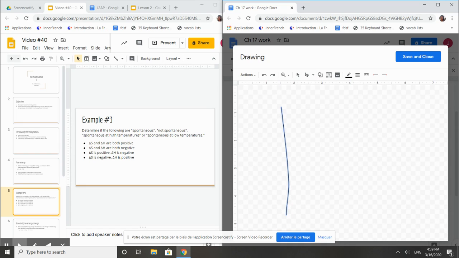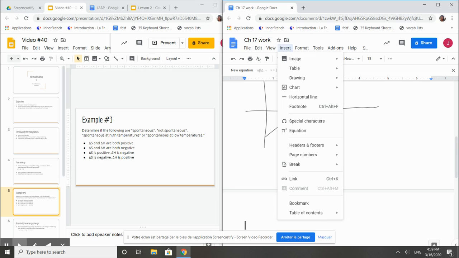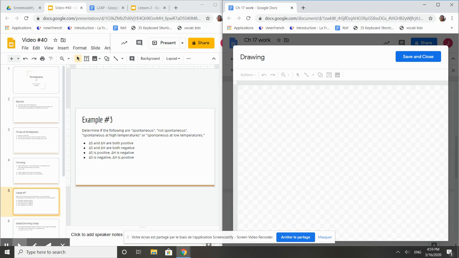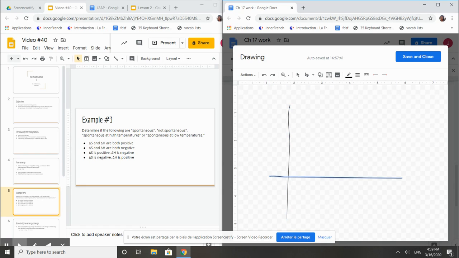Right, so I'm making my plot again. Delta H is negative, and then delta S is negative. But keep in mind there's the negative before the negative T delta S. So this is spontaneous at low temperatures. Right, so my delta H is negative and my delta S is positive.